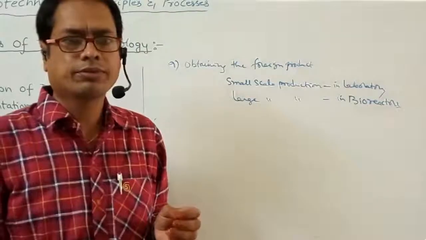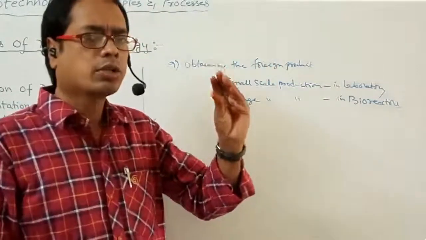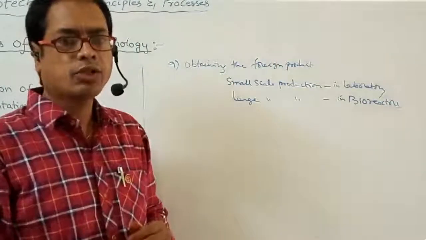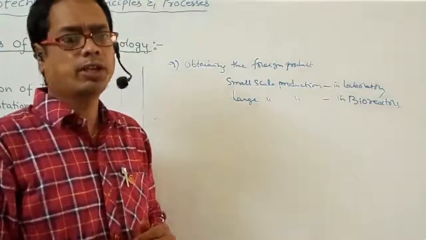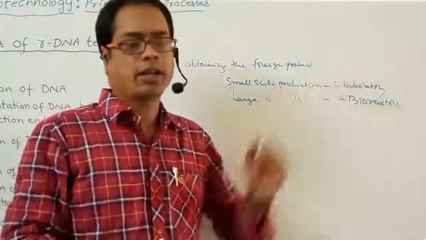So these transformants are placed in a test tube, and small scale products will be obtained in the laboratory. Whereas to produce large quantities, large scale production can be done in bioreactors.